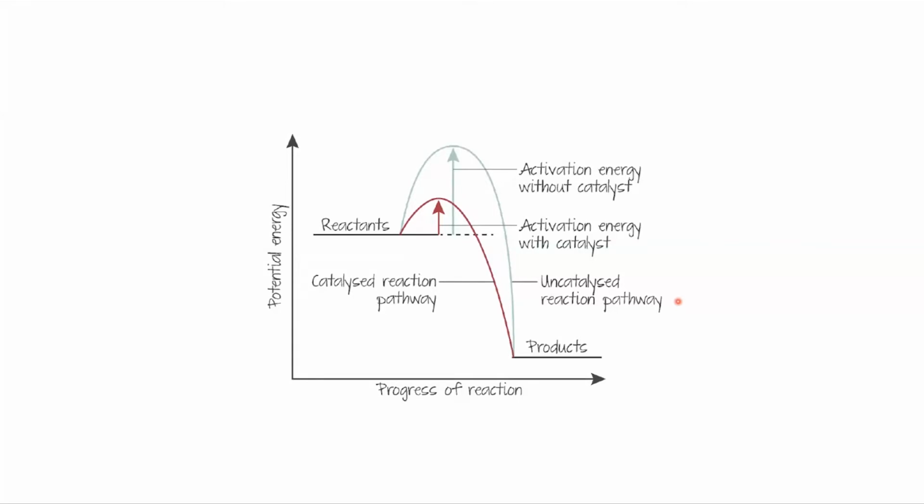So 3 main things when it comes to catalyst. Catalyst speeds up the reaction without changing itself at the end. Number 2, catalyst lowers the activation energy. And third, by providing an alternative pathway. These 3 factors are important when it comes to the function of catalysts. Biological catalysts are called enzymes.